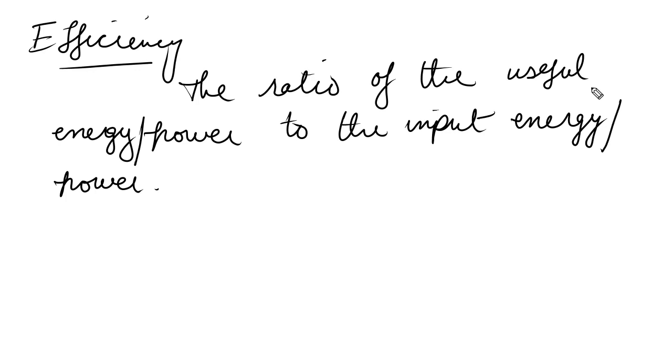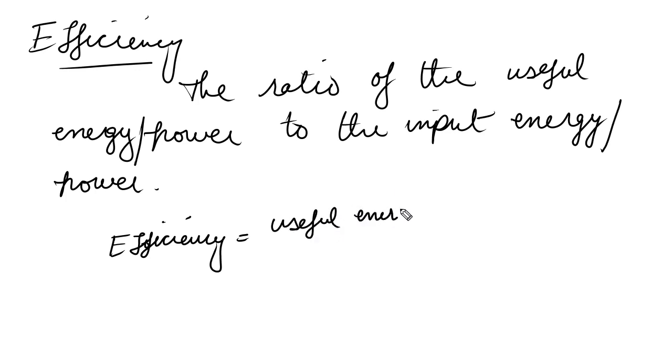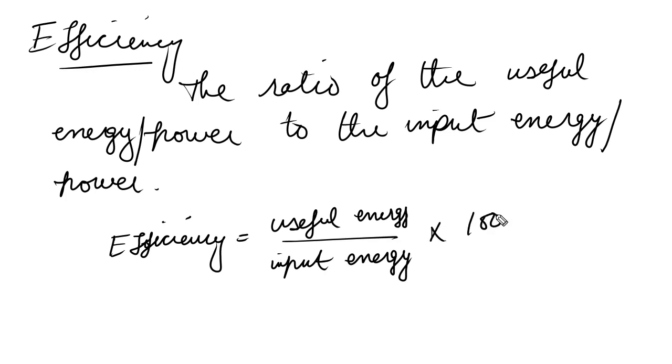is called the efficiency. Efficiency does not have any unit, and the formula for efficiency is: efficiency is equal to useful energy over total energy, or we will write here input energy, times 100.